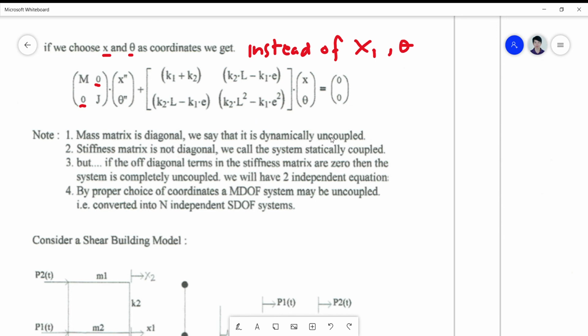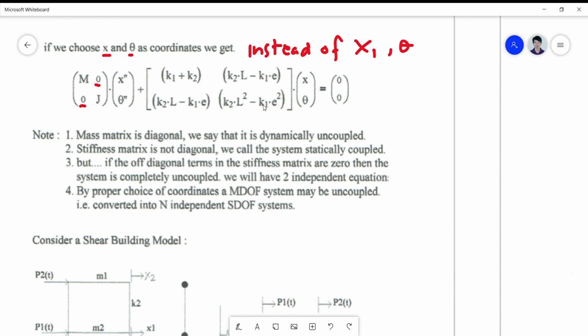So when you look at the word uncoupled and coupled, perhaps the main thing you have to understand here is the complexity of processing the coupled system is higher, no? But it is still doable, okay? But if the off-diagonal terms in the stiffness matrix become 0, then the system is completely uncoupled.